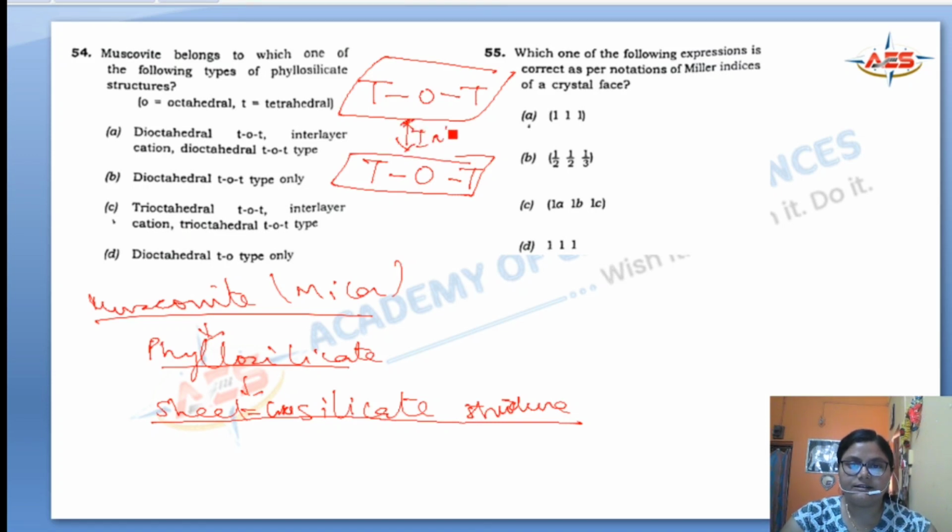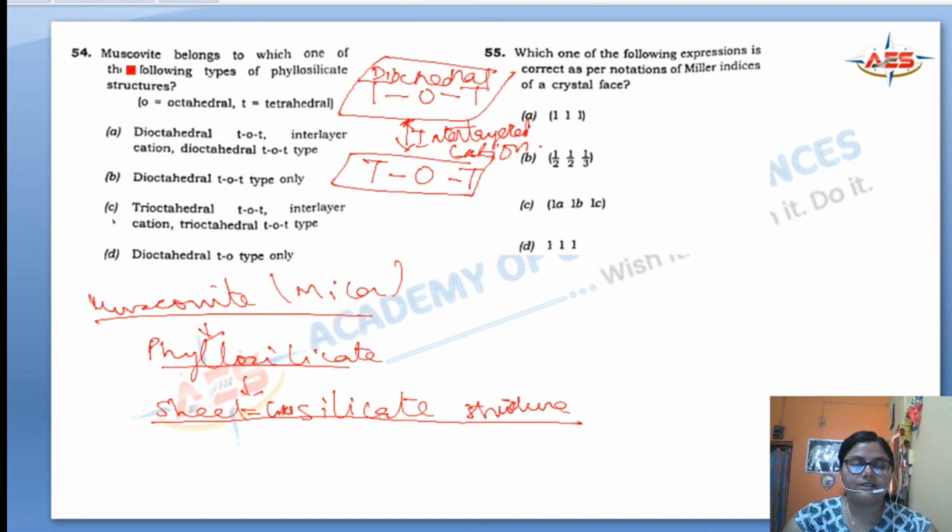ये जो होते हैं these TOT layers, that is the tetrahedral, octahedral, tetrahedral sheet layer, they are separated by an interlayered cation, and they are dioctahedral. Okay, TOT layers.